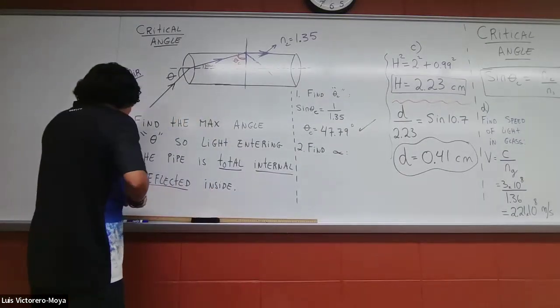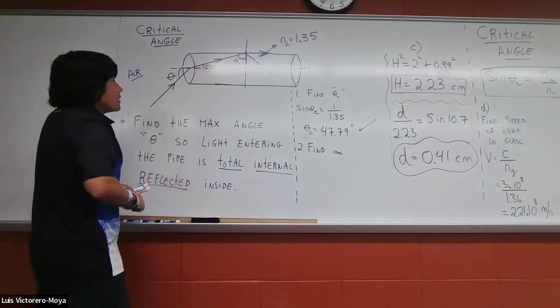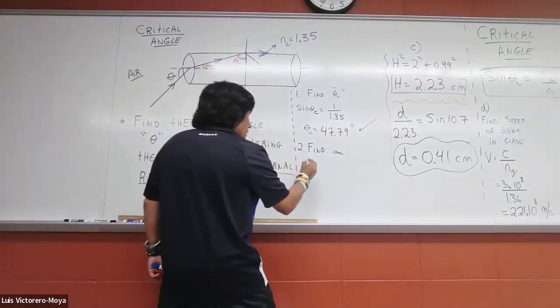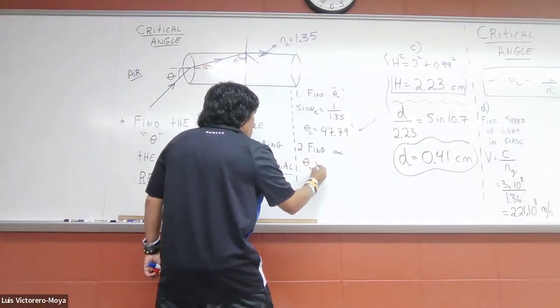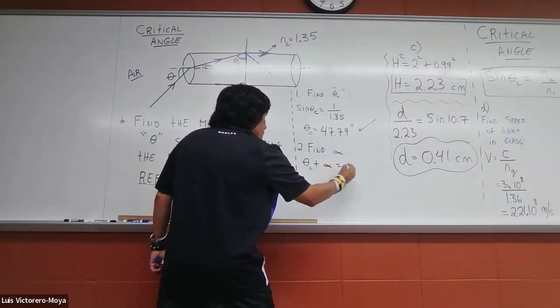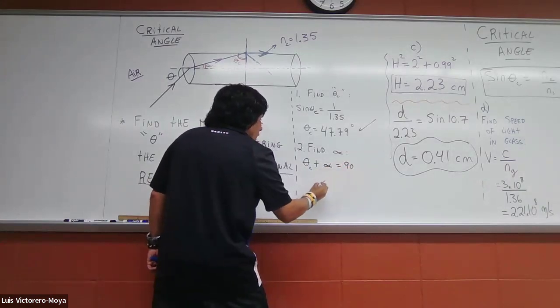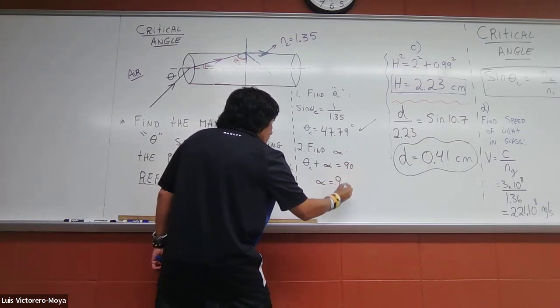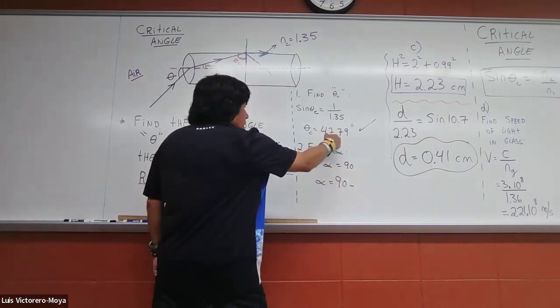In here. How do I find alpha? Theta critical plus alpha is 90 degrees. So alpha is 90 minus theta critical, which is this.